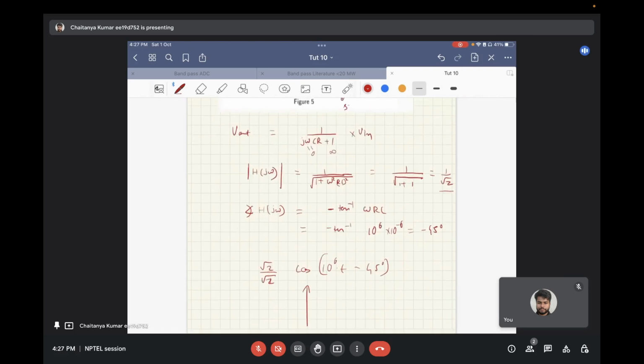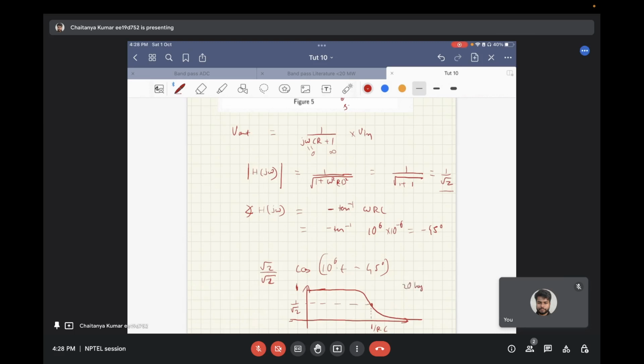So this system will pass the very low frequency input completely and stop the very high frequency input, and there will be this 1 by RC frequency at which the voltage will drop to 1 by root 2 of what the input is, and this is called the 3 dB bandwidth. 3 dB comes if you represent this magnitude response in dB.